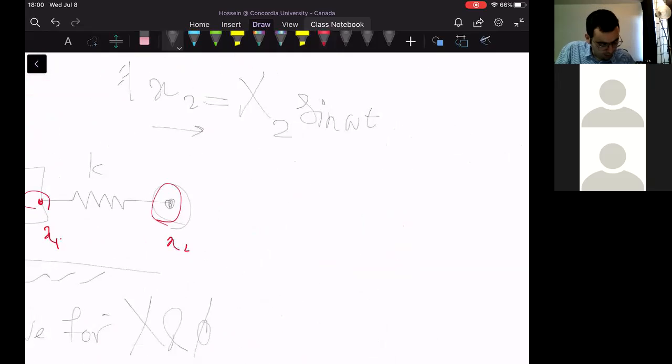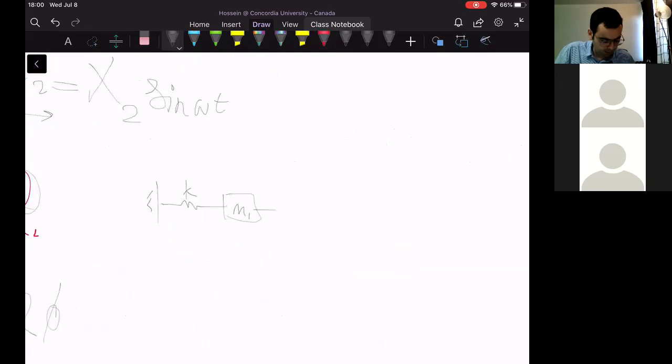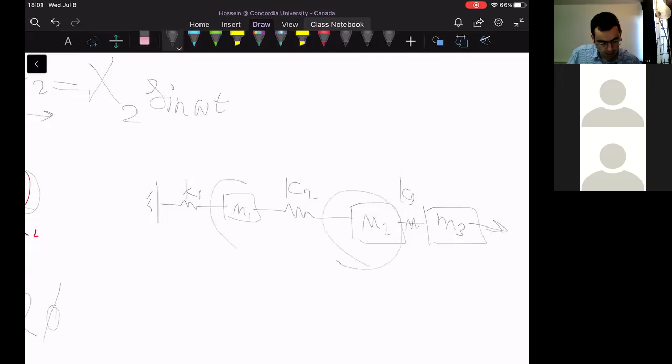For example, k1 and m1. In the next chapter we will take care of multiple degree of freedom systems: k2, m2, attached to m3, k1, k3, m3. So we apply a displacement. For deriving the equation of motion, we could apply Newton's second law for each mass.